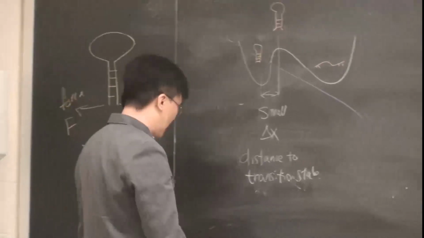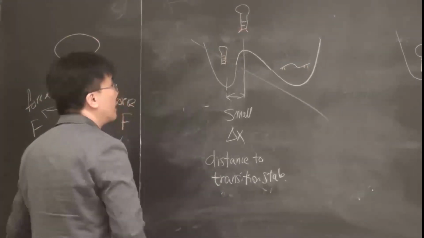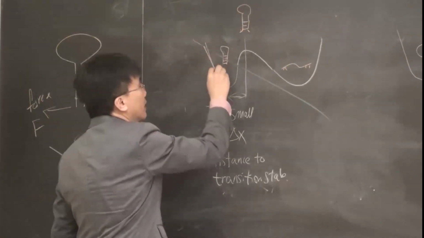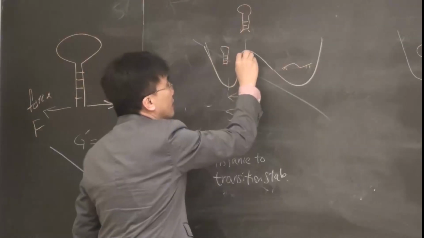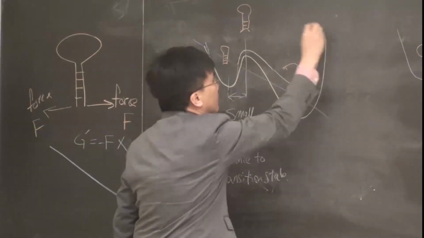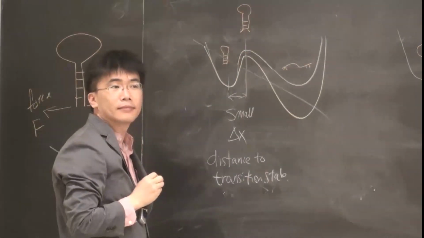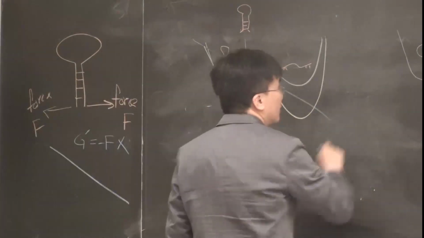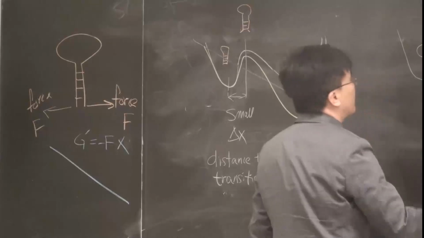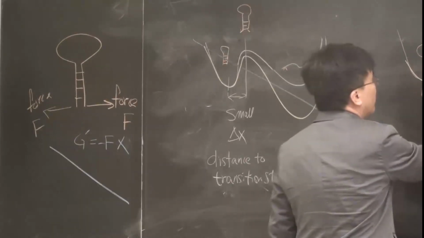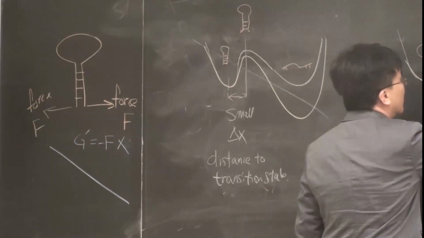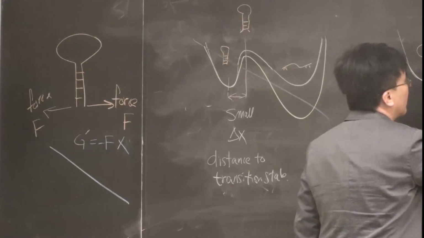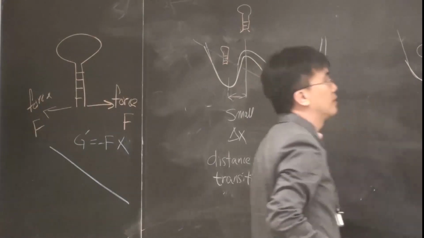So after you have done that, you'll be moving things like this. And here, same, you are adding extra potential like this, so you are moving this. So something like this.